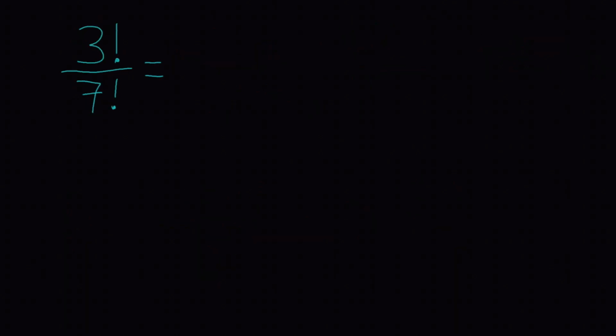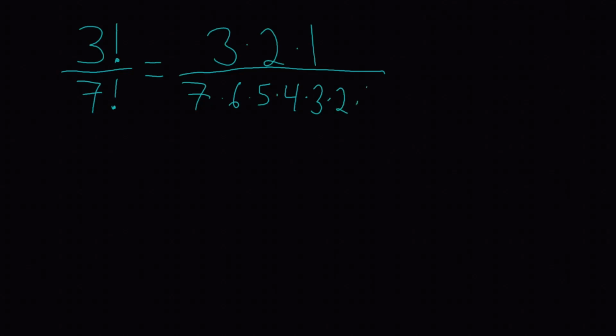Here we have 3 factorial over 7 factorial. Now if I were to write out everything, that would give me 3 times 2 times 1 up top, and 7 times 6 times 5 times 4 times 3 times 2 times 1 on the bottom.